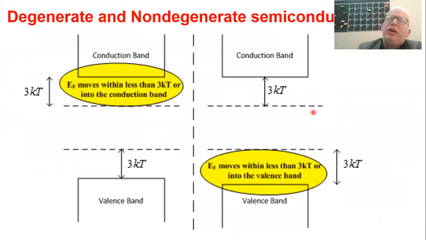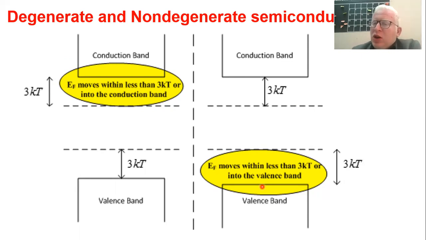Herein, we can classify our doping effect into 2 main sets. When the doping reflects on the Fermi level so that the distance between the Fermi level and the conduction band, or the distance between the Fermi level and the valence band, is 3 kT or less, then we call this a degenerate semiconductor.